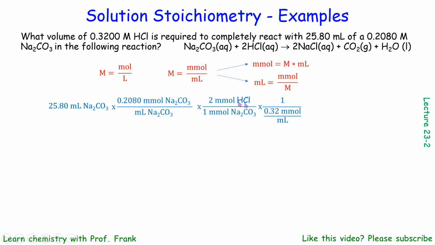So now you see millimoles are also cancelled, and this milliliter is the denominator of this denominator. Therefore, it should become a numerator, which means that should be the unit for the answer, 33.54 milliliter.